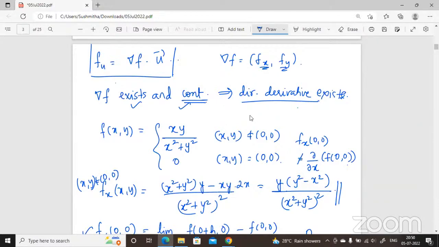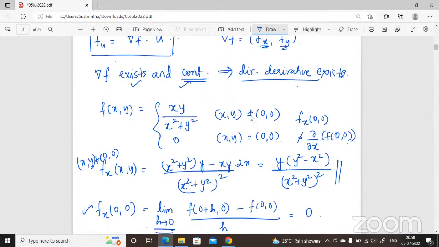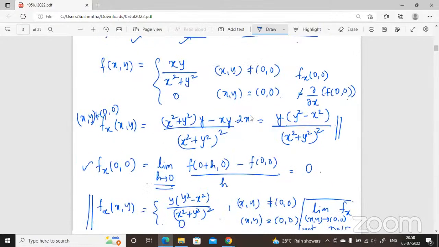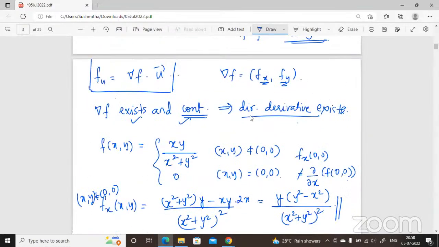So let's assume fx is continuous. We check fy, and that also exists and is continuous. Then I can use this formula to find any directional derivative. At whatever point it is continuous, you can use this formula. At points where it is not continuous, that is where the problem lies, and we cannot use it.